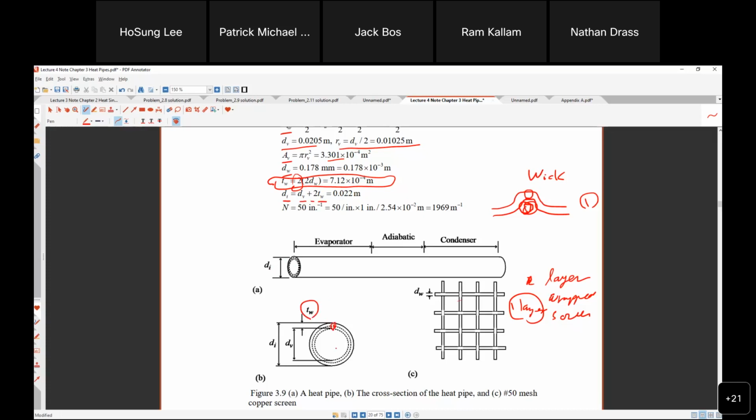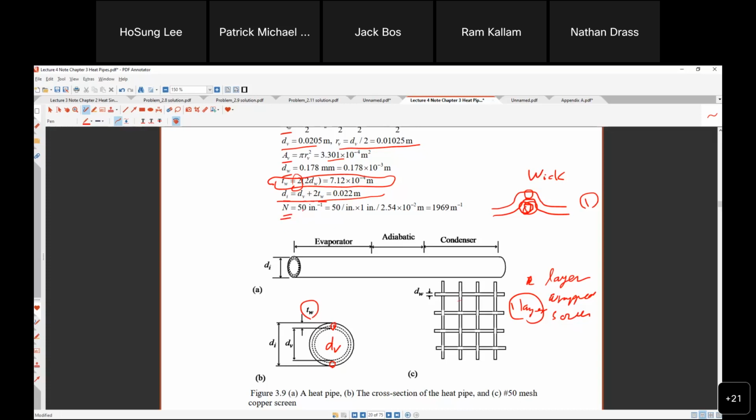So 1 TW, 2 TW plus dV. And then what is the N? Number of, what is the N? Mesh.